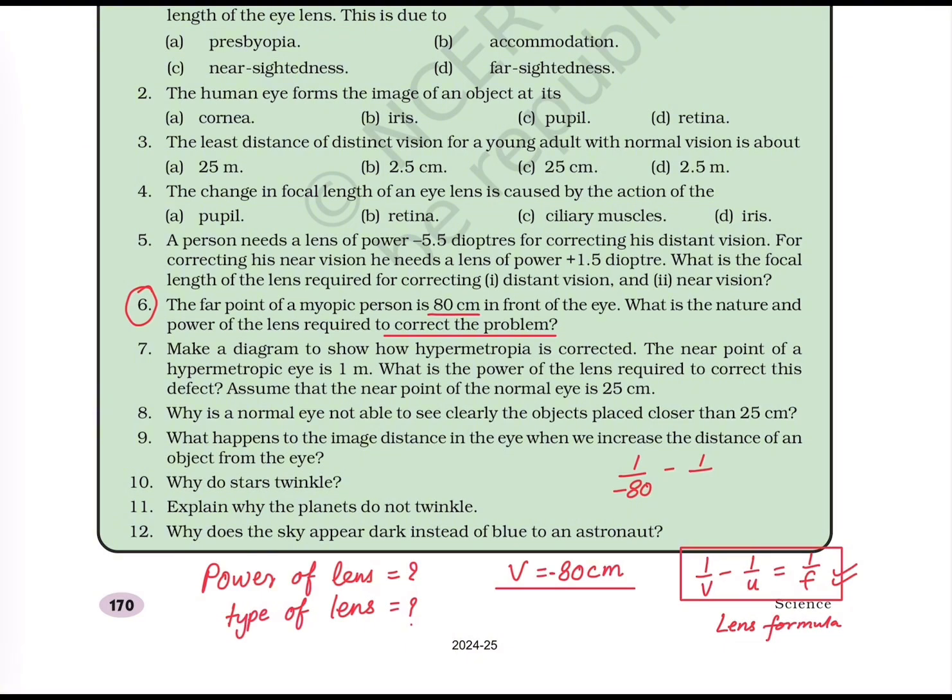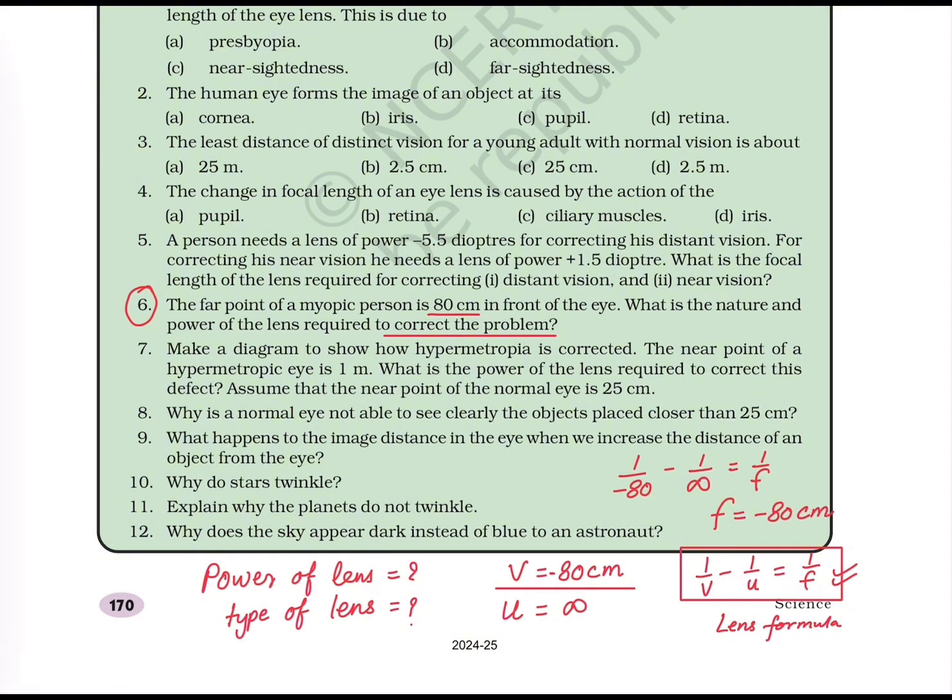U is object distance, and we want this myopic person to be able to view infinite distance. So in this case, we will consider the object distance u to be equal to infinity. So 1 by infinity is equal to 1 by f. Now if we divide 1 by infinity, it will give us 0. So in this case, we will be getting f equals minus 80 centimeters.